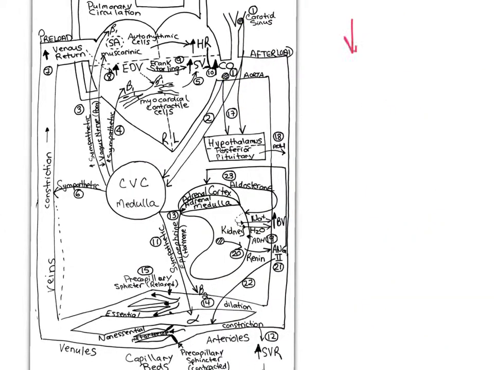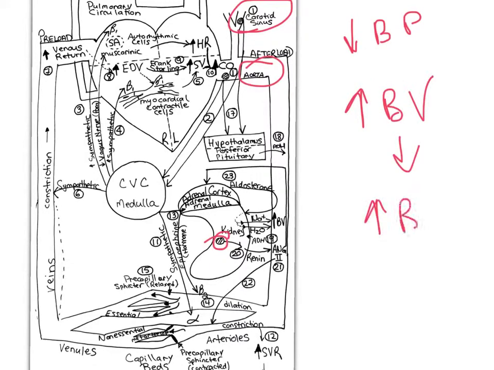So in summary, once again, in response to a decrease in blood pressure detected by baroreceptors in the carotid sinus, in the aortic arch, and also in the kidney itself, we are going to have the overall result of an increase in blood volume, which increases the blood pressure. There are a few components to this.